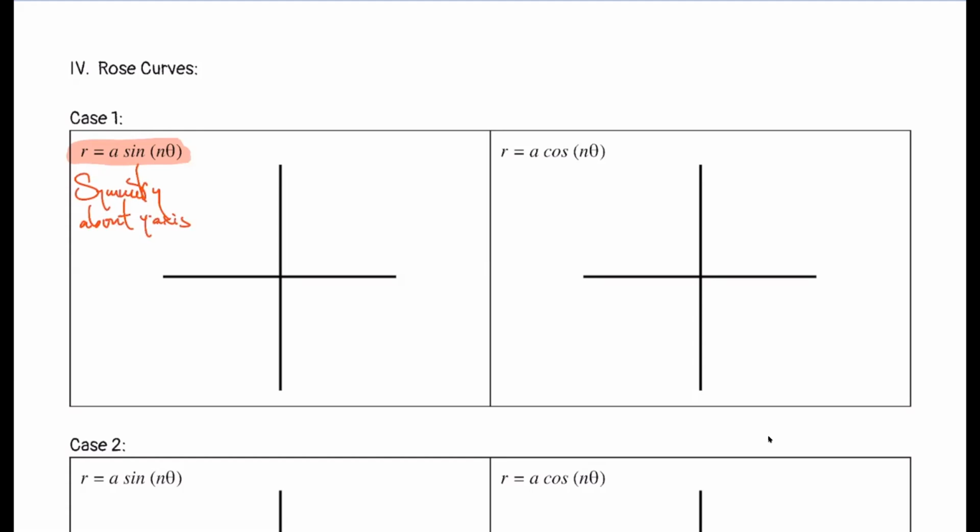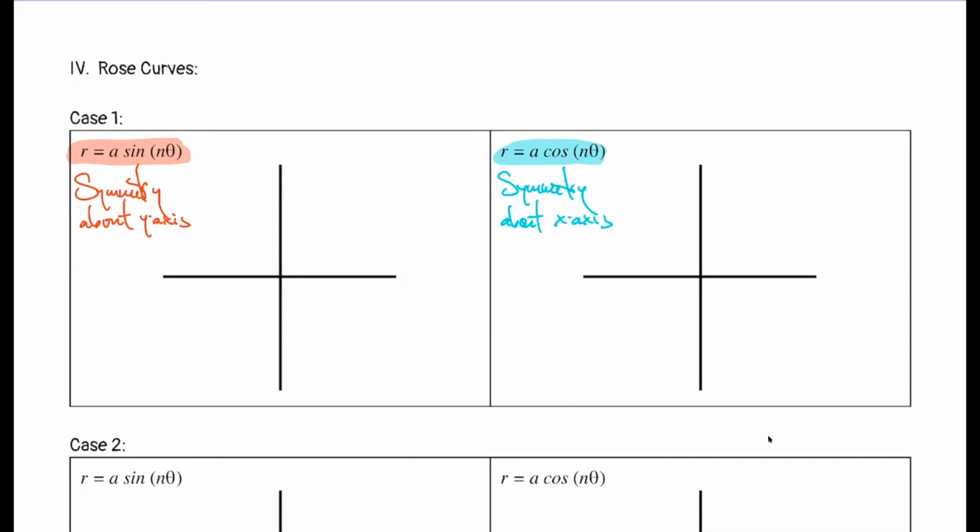Our other one, the one with cosine, same form, a cosine n theta, is going to have symmetry about the x-axis.